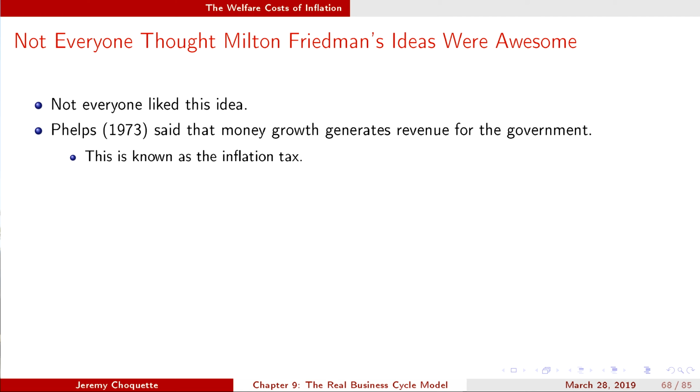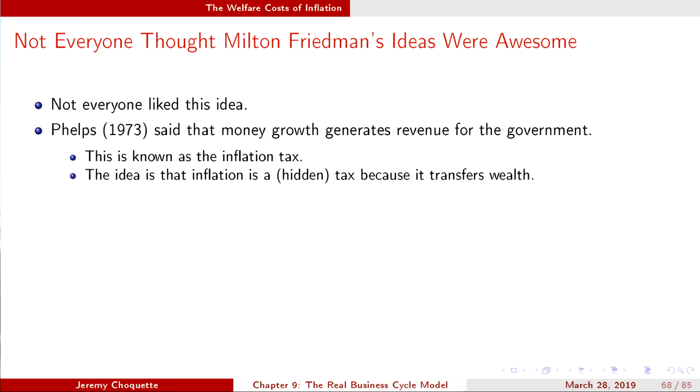Revenue for the government has to come out of taxes. So by inflating, you're actually seeing a hidden tax on the consumer. It's a hidden tax because it's transferring wealth. Now, in this model, taxes were lump sum. They're non-distortionary.